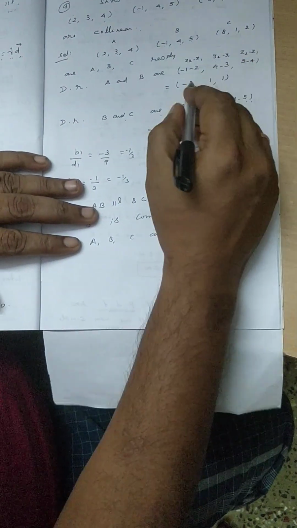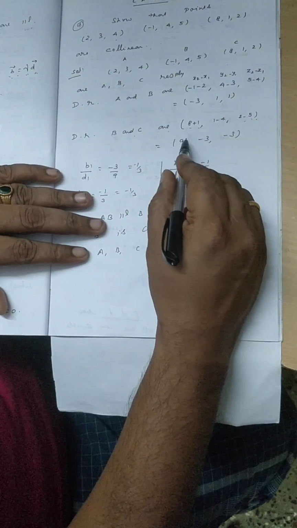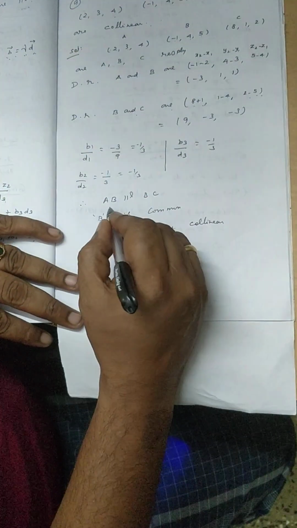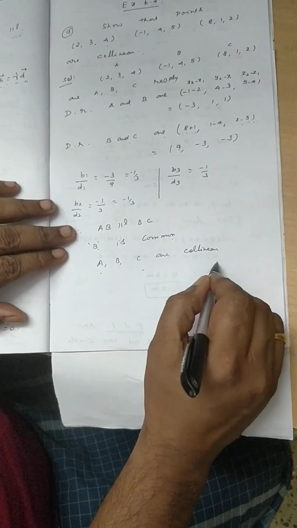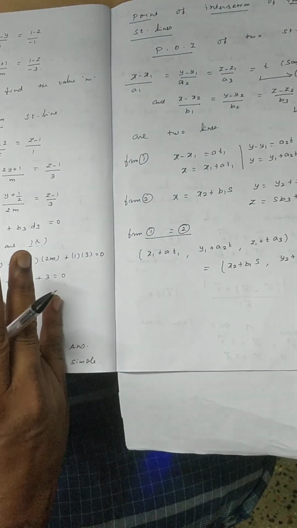Then for BC, the direction ratios are 1, 1, 1. The two lines AB and BC are parallel, and B is the common point, so A, B, C are collinear. This is the 9th sum, very important. And the 10th sum, the 8th sum.